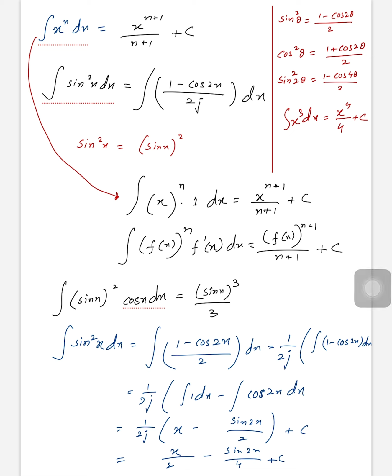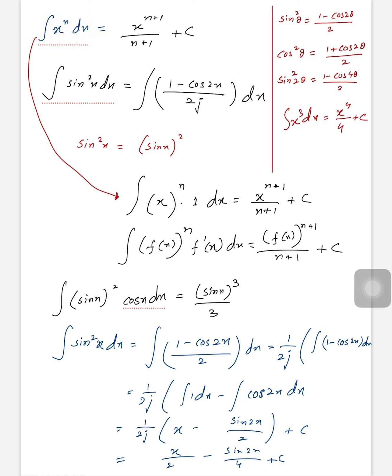In the third case, we have to see if we can apply some rules of integration. Now, we have studied the power rule of integration, that the integration of x to the power n is x to the power n plus 1 divided by n plus 1.